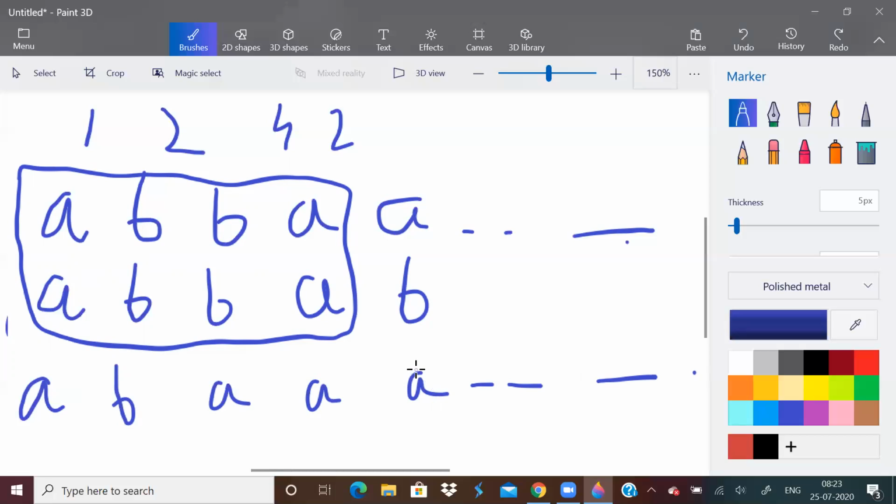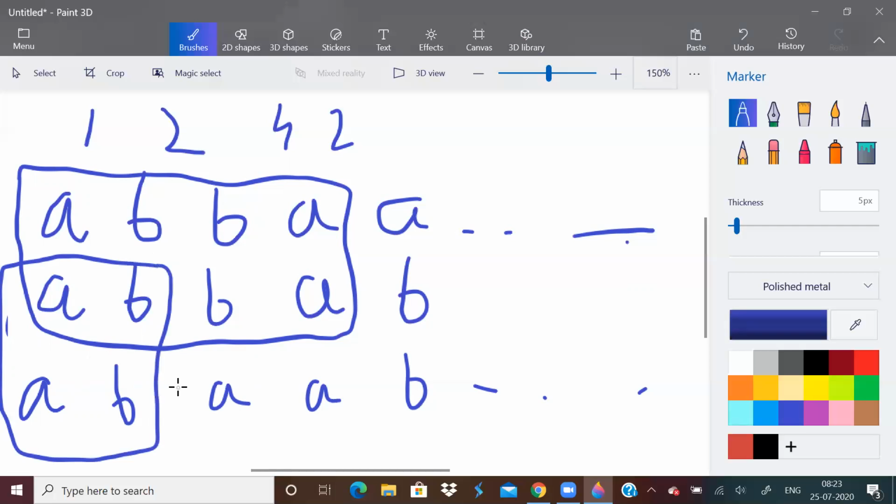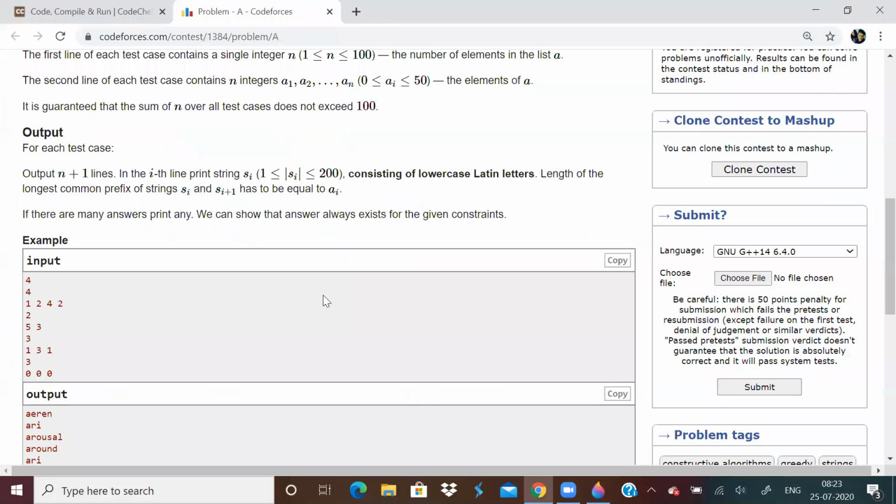It can be anything after this point. Let's say B only, okay, fine. Because between the fourth and fifth strings, the longest common prefix is this only. I hope you understood this example.